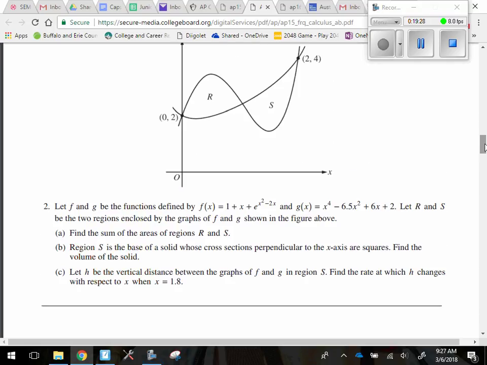Does that help? At this point, you might have better luck with part C, but by the end of the week, you'll be able to do part B.